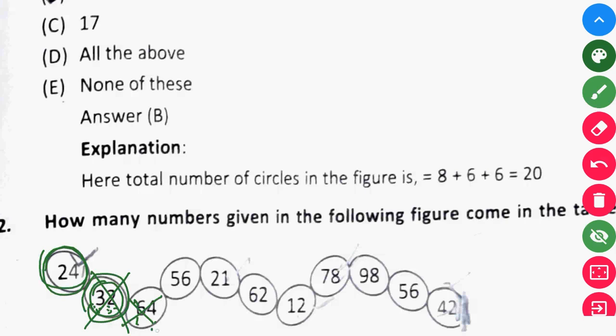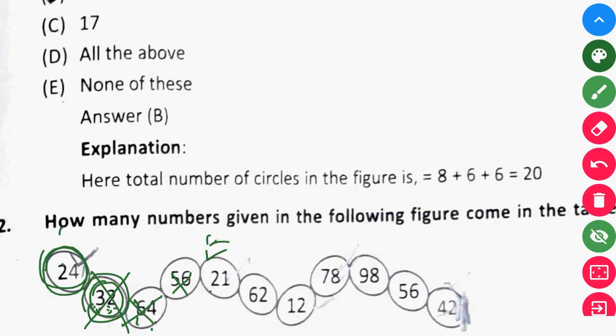So 64 is not a number which comes in the table of 3. Again 56 will also not come because 5 and 6 become 11 and 11 cannot be in the table of 3. 21, yes, 3 7s are 21, you all know the table of 3, so this smaller number you can identify. So 21 will come.